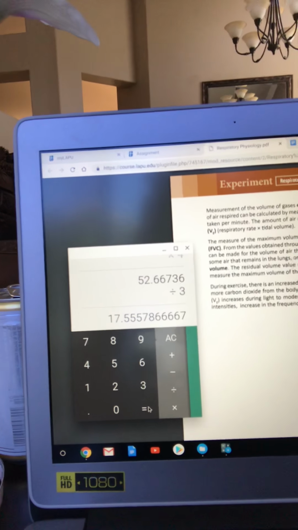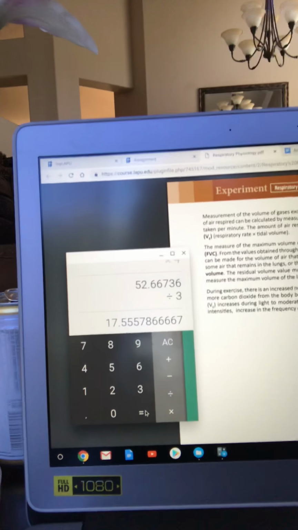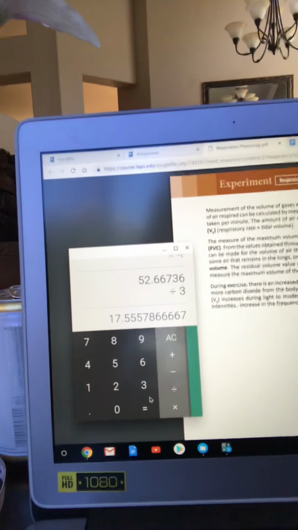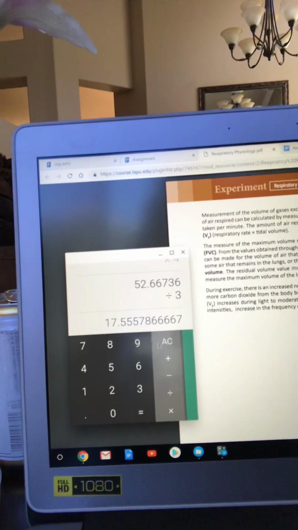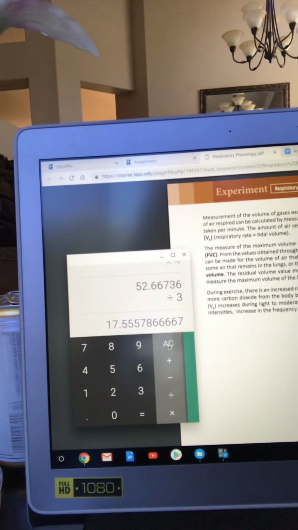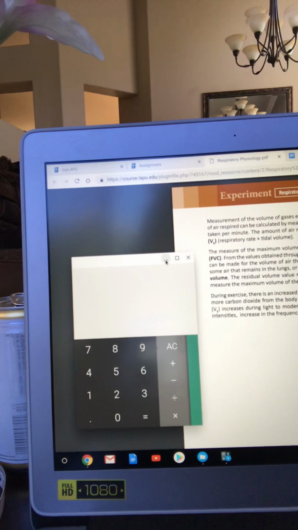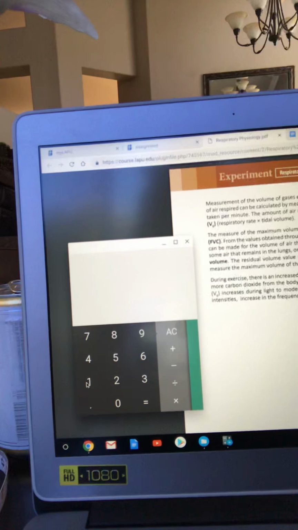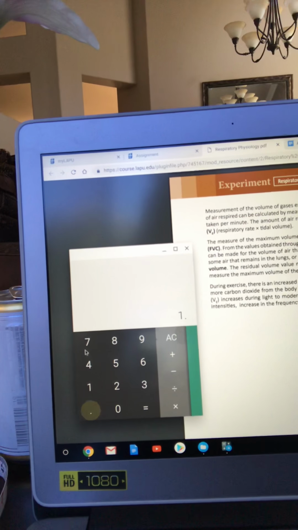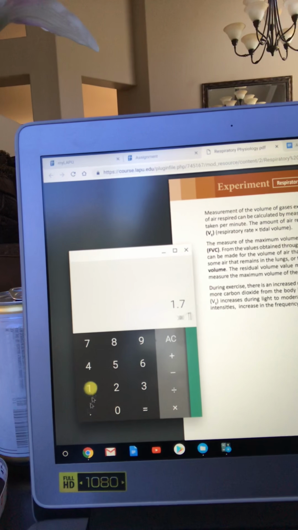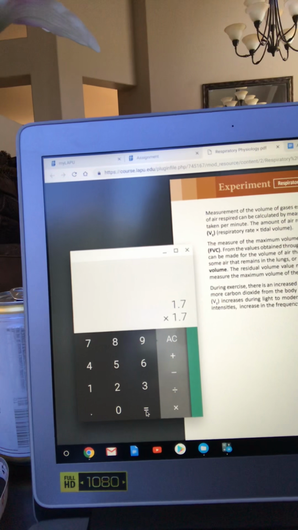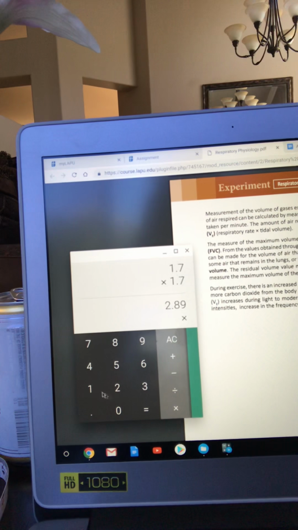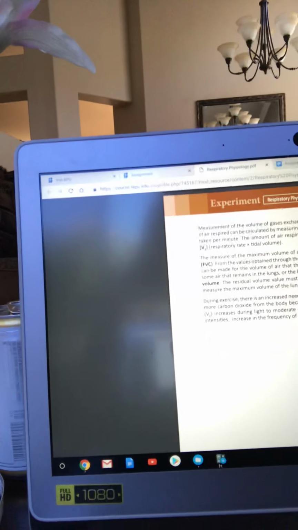Okay, and so that gives us the number of 17.5. So that would be the actual volume. Let me just do that one more time to verify. So the 1.7 cubed, sorry.